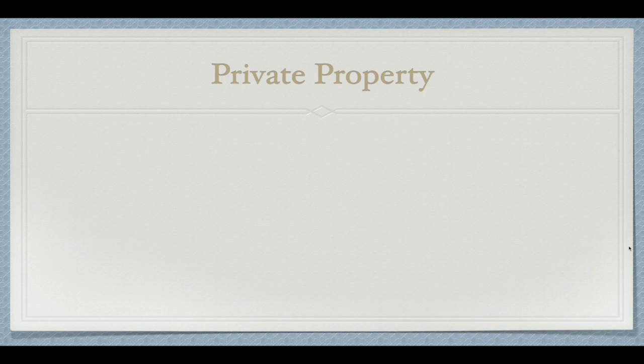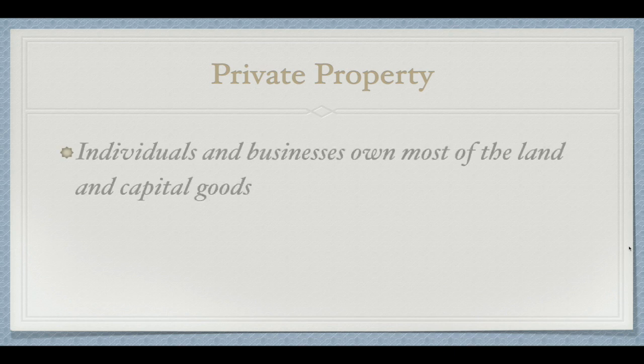Private property. One of the main fundamental aspects of a market economy is for us to be able to own our own stuff. In a lot of other countries, you don't have the ability to own private property. If you do have something, it essentially belongs to the government and they can come take it whenever they want. But for right now, individuals and businesses own most of the land and capital goods.